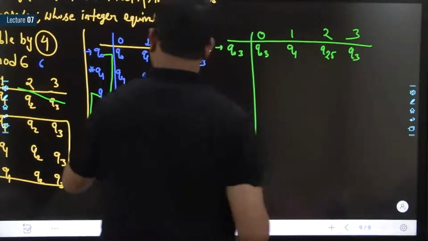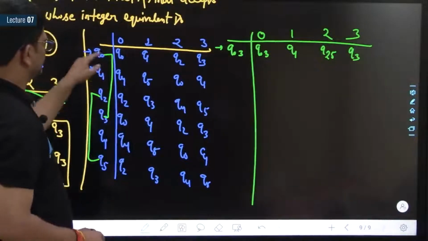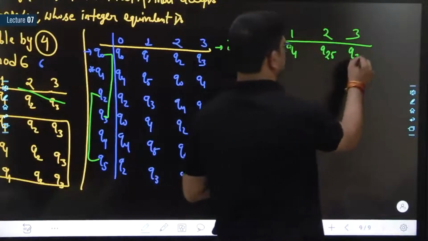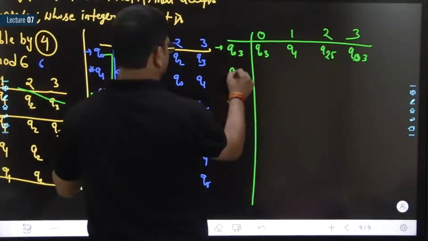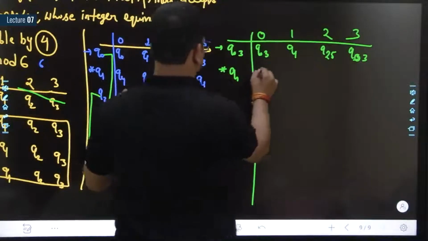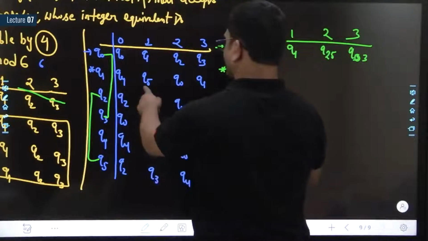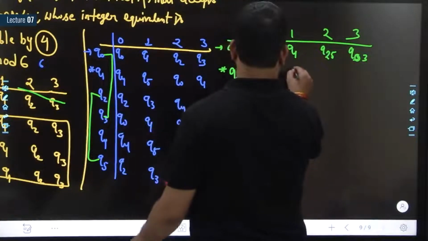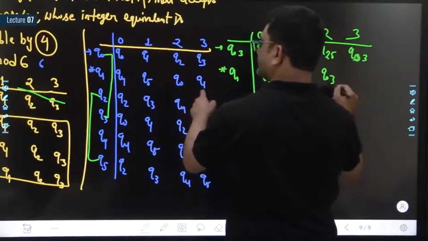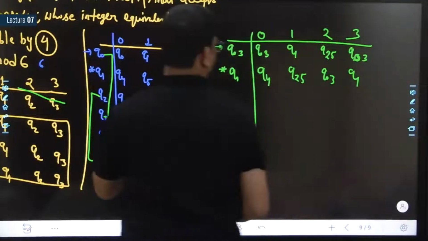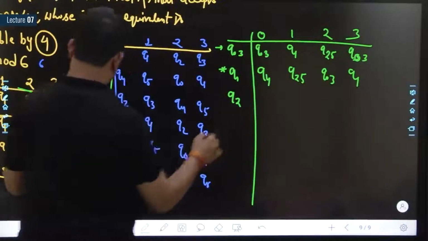Sorry, Q3 is merged with Q0. This is Q03. Next is Q1. Q4 is not merged with any state. Q5 is merged with Q2, giving Q25. Q03, Q1. Next Q2, merged with Q5.